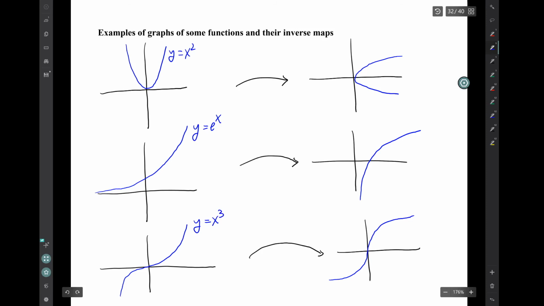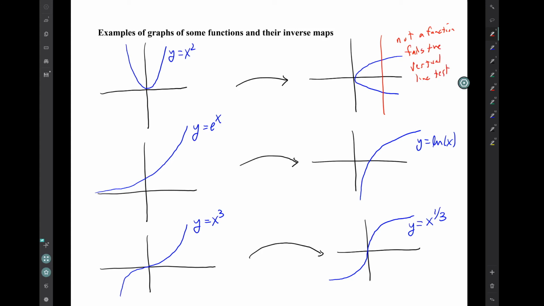Now, when I flip these last two, I get the graph of y equals ln of x and y equals x to the 1/3. But this first graph is not a function. This fails the vertical line test. Now you can see that on the graph of y equals x squared, that vertical line would be this horizontal line.